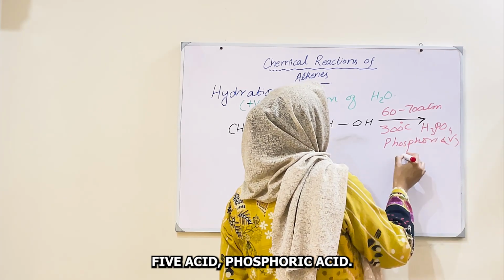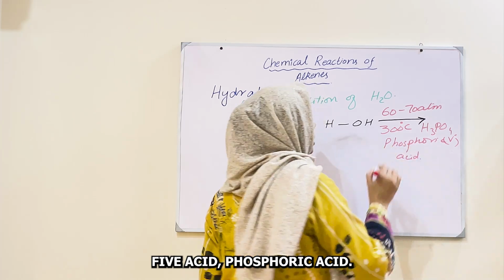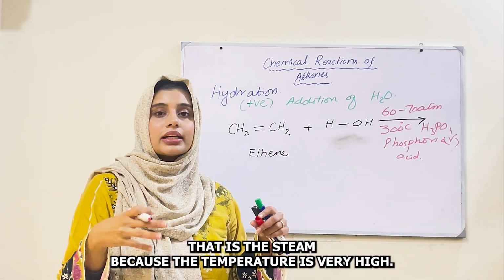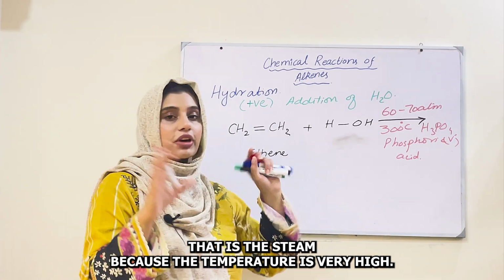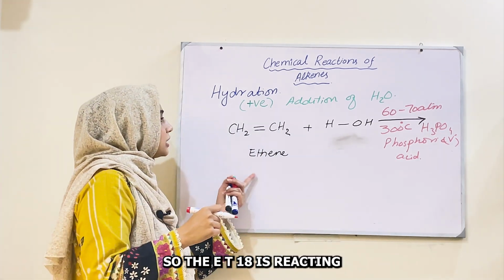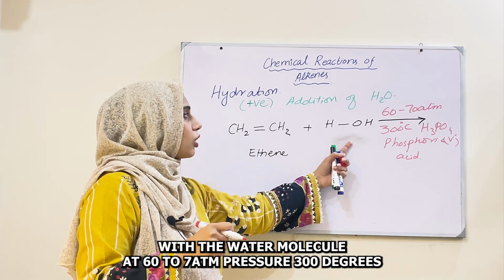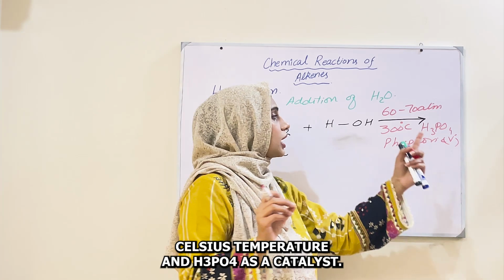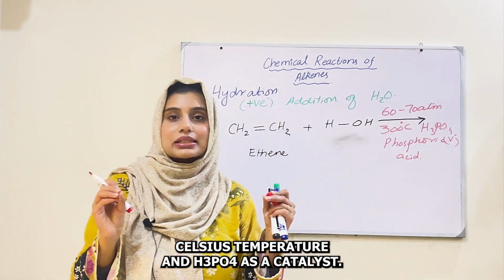Phosphoric acid. If we are talking about the addition of water, that is steam, because the temperature is very high. So the ethene is reacting with water molecule at 60 to 70 atm pressure, 300 degrees Celsius temperature, and H3PO4 as a catalyst.